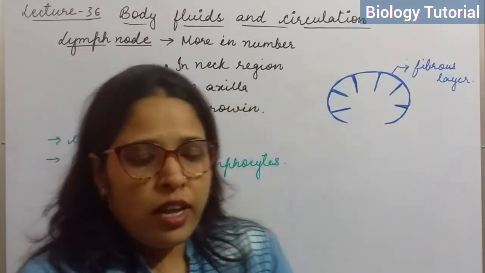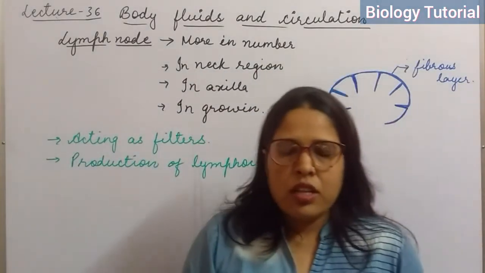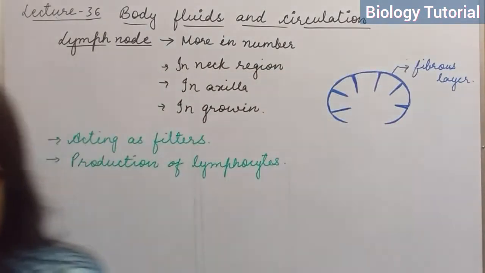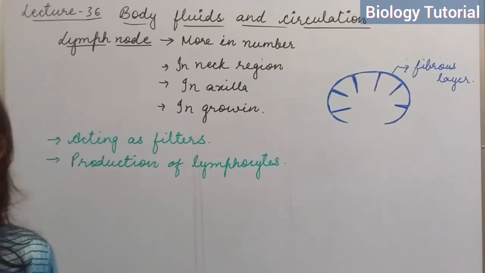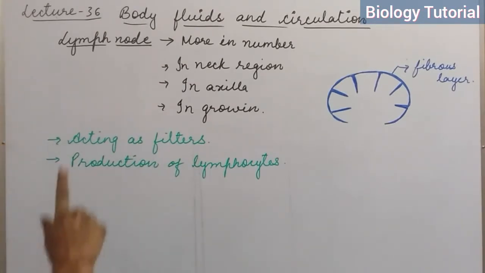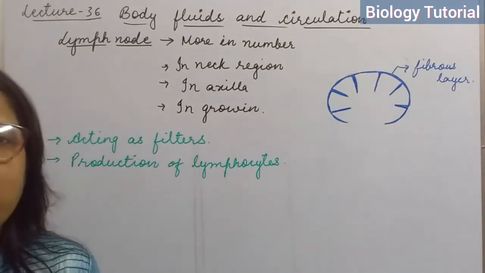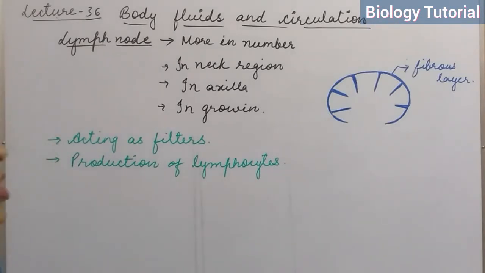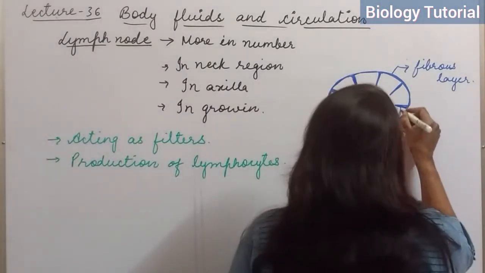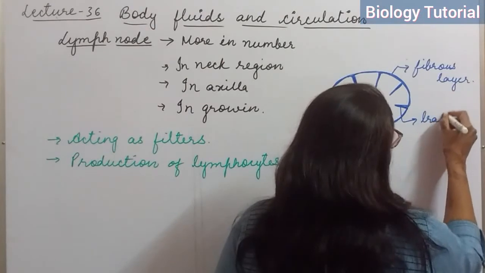So the outer layer, which is somewhat thick, is called the fibrous layer, or the fibrous capsule, and the projections inside are called trabeculae.